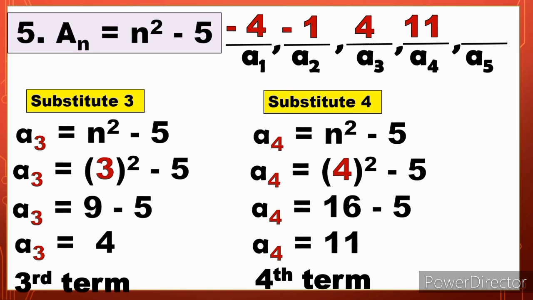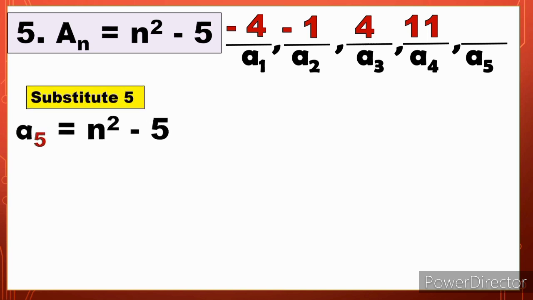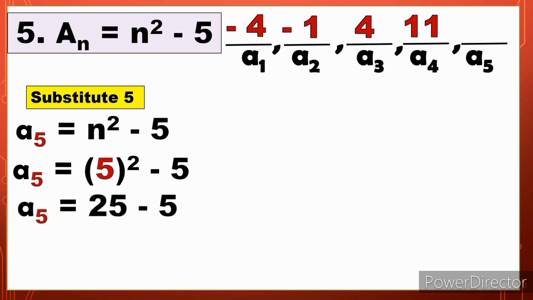Okay, next, to find the fifth term or a sub 5, we substitute 5. So, a sub 5 equals n squared minus 5. So, papalitan natin yung n ng 5. So, it becomes a sub 5 equals 5 squared minus 5. Simplify natin. So, 5 squared means 5 times 5. So, 5 times 5 is 25 minus 5.